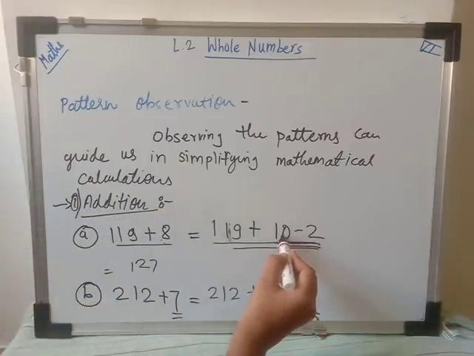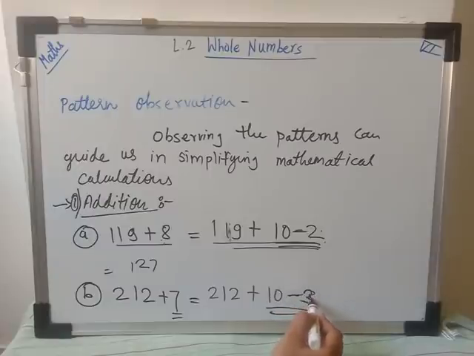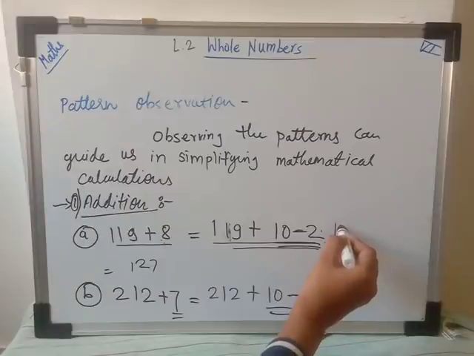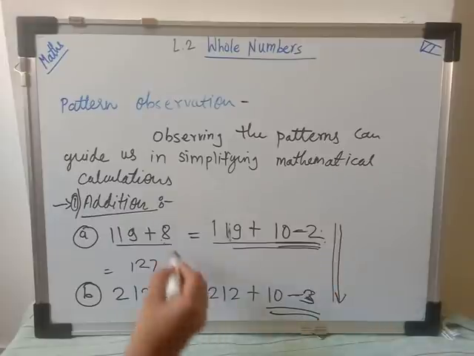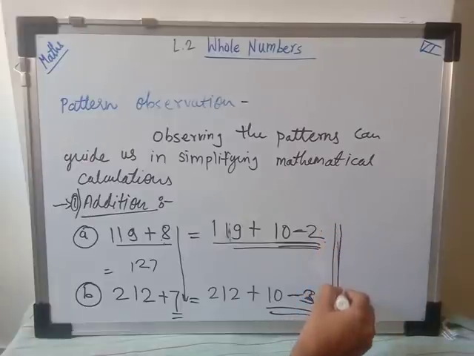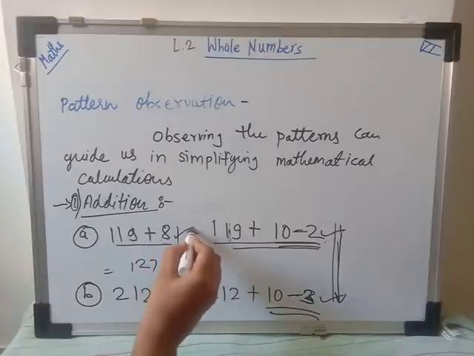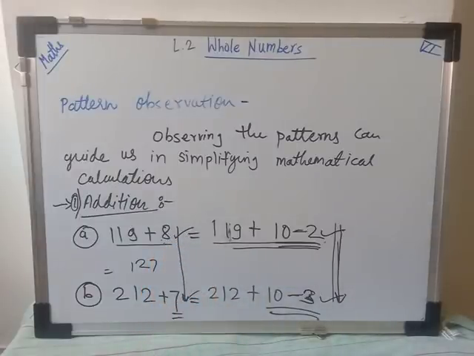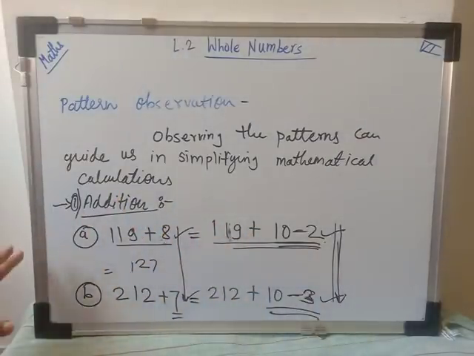In the first example I have minus 2, here I have minus 3. So here we are going from decreasing to increasing form. 2 is the smallest number, 3 is the largest number, here 8 is the largest number, 7 is the smallest number. So we are following this pattern. I hope you have understood the pattern for the addition.